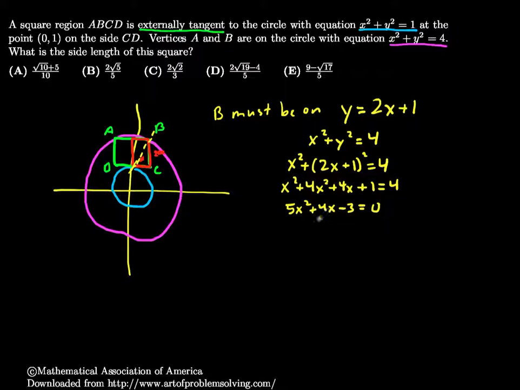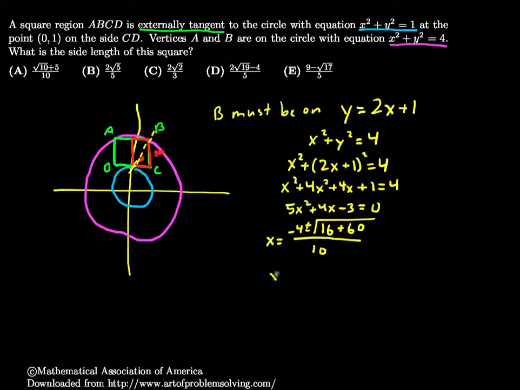It's not looking like it's factoring well, so let's jump straight to the quadratic formula. So x equals negative 4 plus or minus the square root of 4 squared, which is 16, minus 4 times 5, which is 20, times negative 3, which is negative 60, so I get a plus 60, all divided by 2 times 5, which is 10.